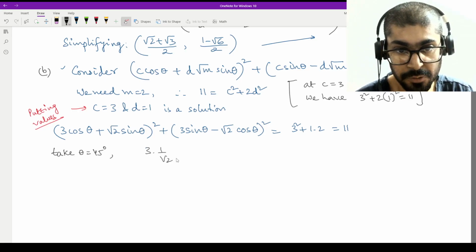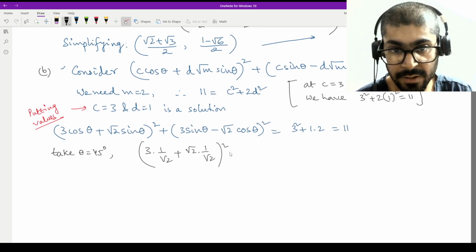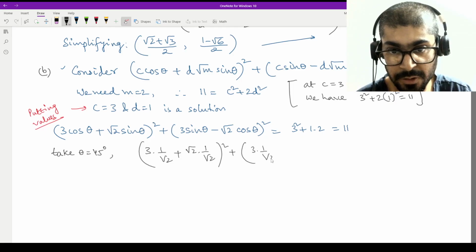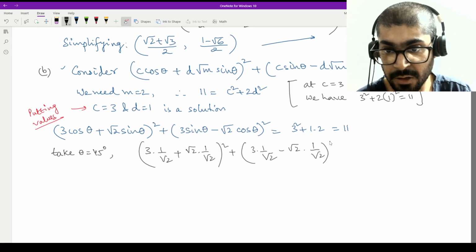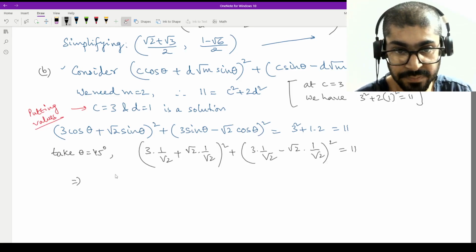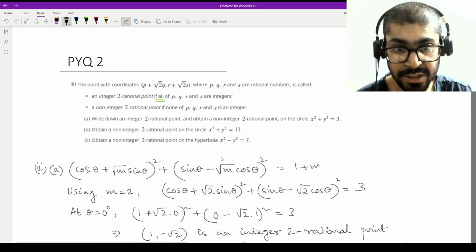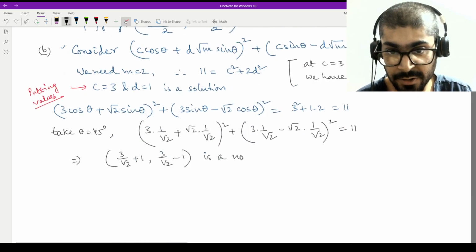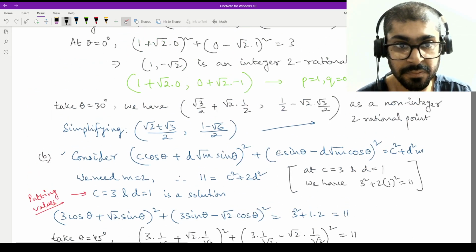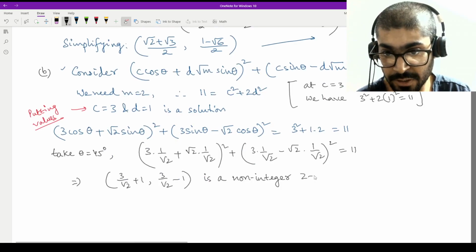So 3 into 1 by root 2 plus root 2 into 1 by root 2 whole square plus 3 into 1 by root 2 minus root 2 into 1 by root 2 whole square equal to 11, which implies 3 by root 2 plus 1 comma 3 by root 2 minus 1 is a non-integer 2 rational point.